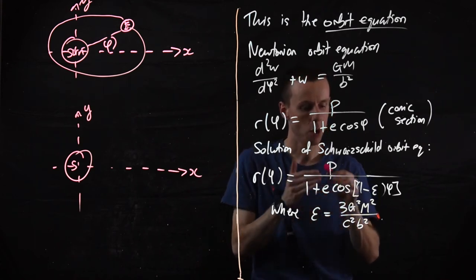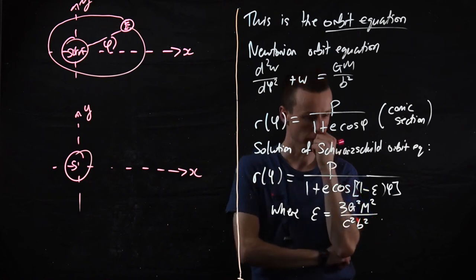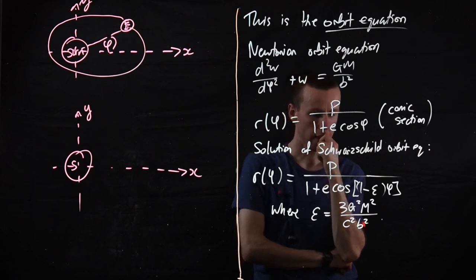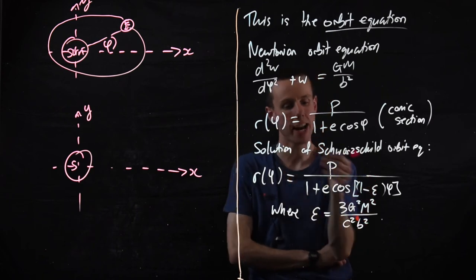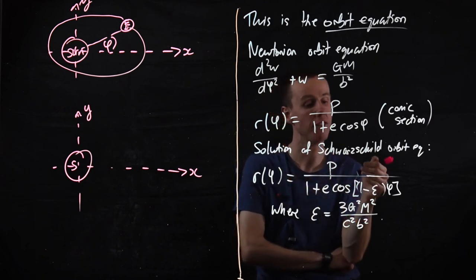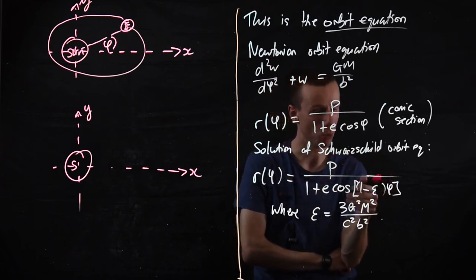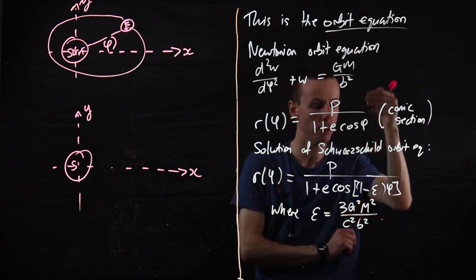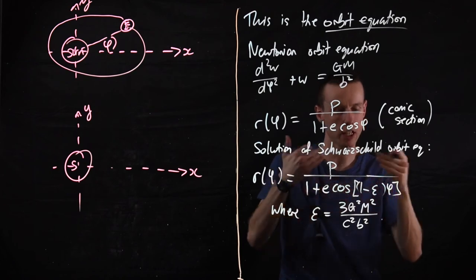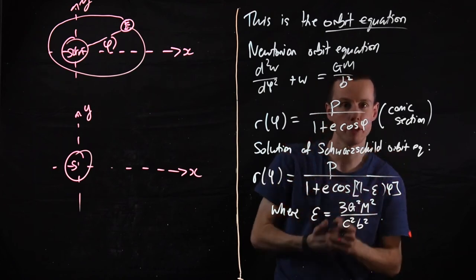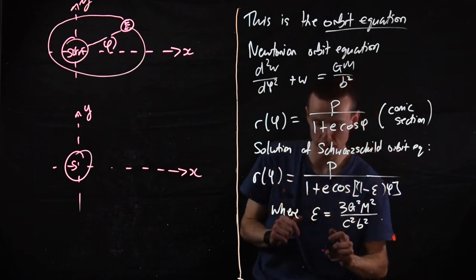So what actually is the period of this function? Well, let's think. Cosine of whatever will come back to the same values when the whatever is equal to 0, then 2 pi, then 4 pi. So it's whenever the argument of the cosine is equal to a multiple of 2 pi that you keep getting back to the same values of r.